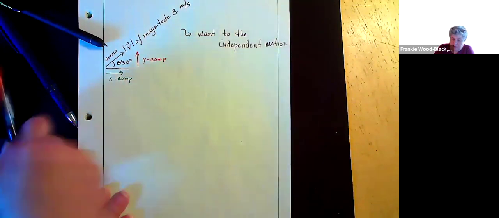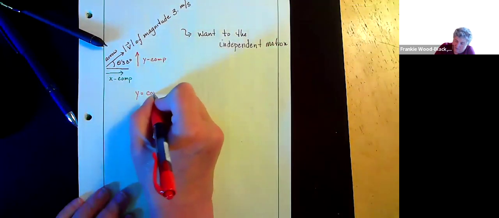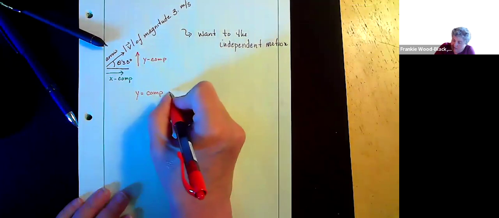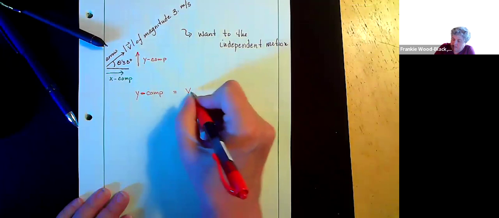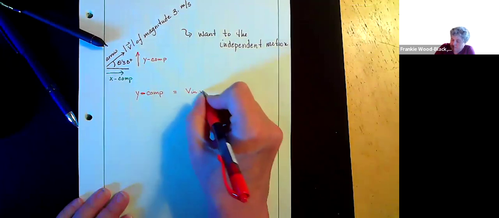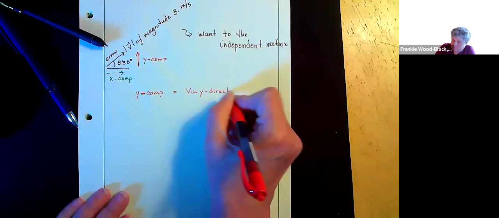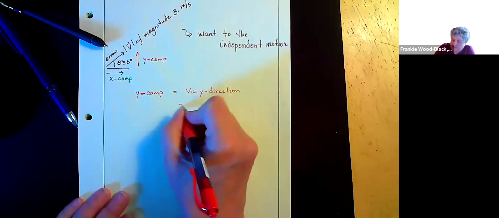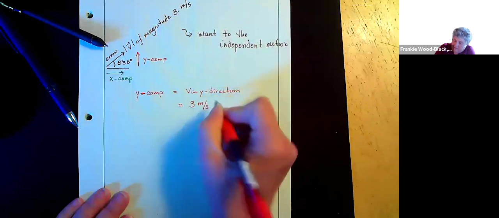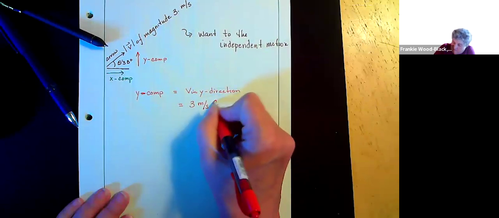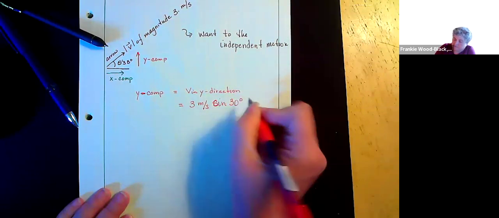That y component is going to equal the velocity in the y direction, which in this case is going to be our 3 meters per second times the sine of my 30 degrees.